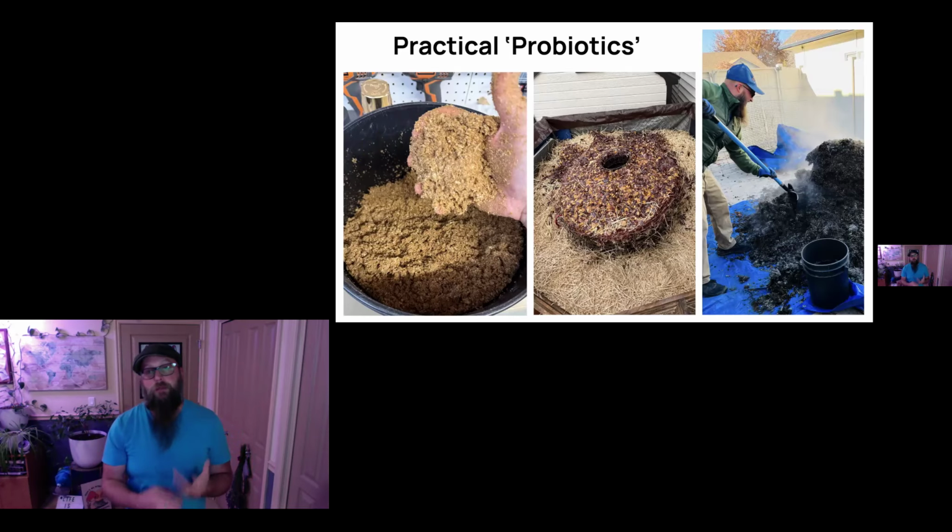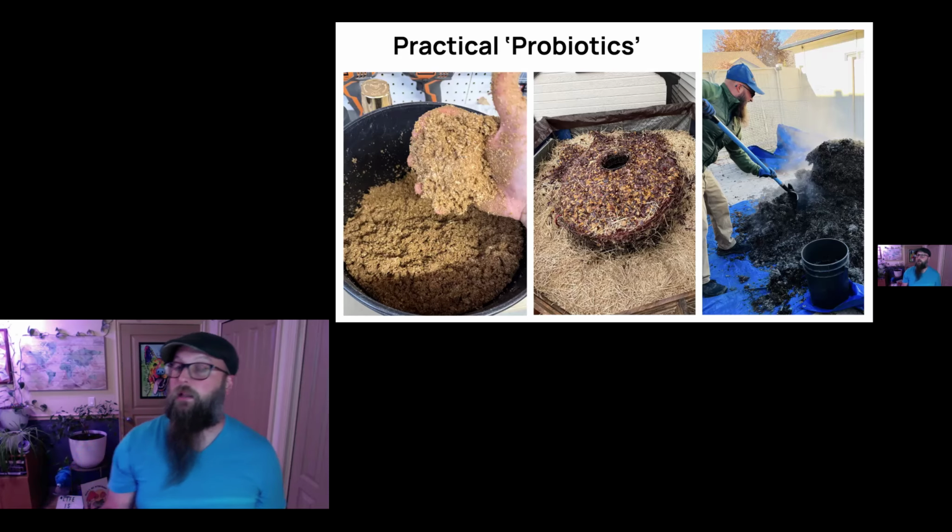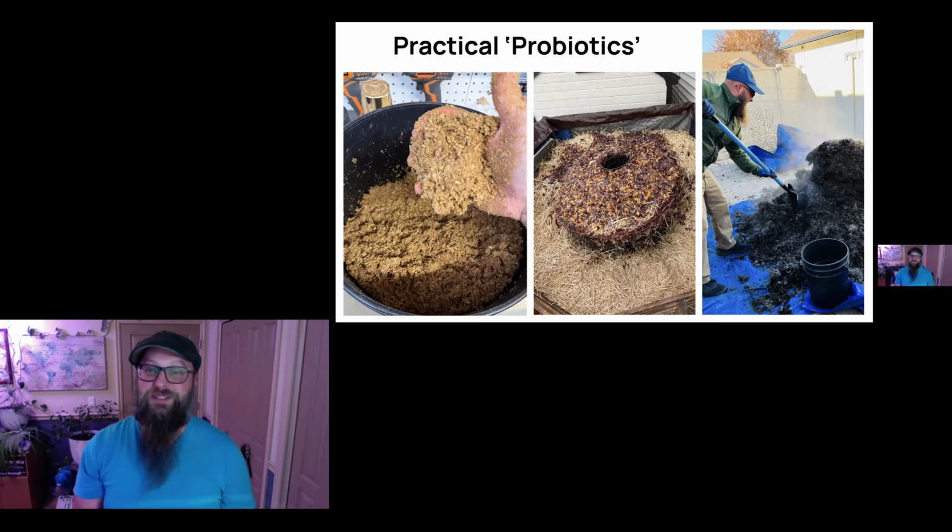So I want to move on to what bioamendments really are. I think of them as practical probiotics. So in many cases where we're gardening or growing food, even at commercial scale, the land has been sort of misused and abused previously. I do a lot of my gardening in a suburban setting, and all of the houses around here, I know for a fact that the native soil and plant materials and microbes were scraped off, and then new fresh dirt was brought in, and then typically like a non-native grass lawn was established.